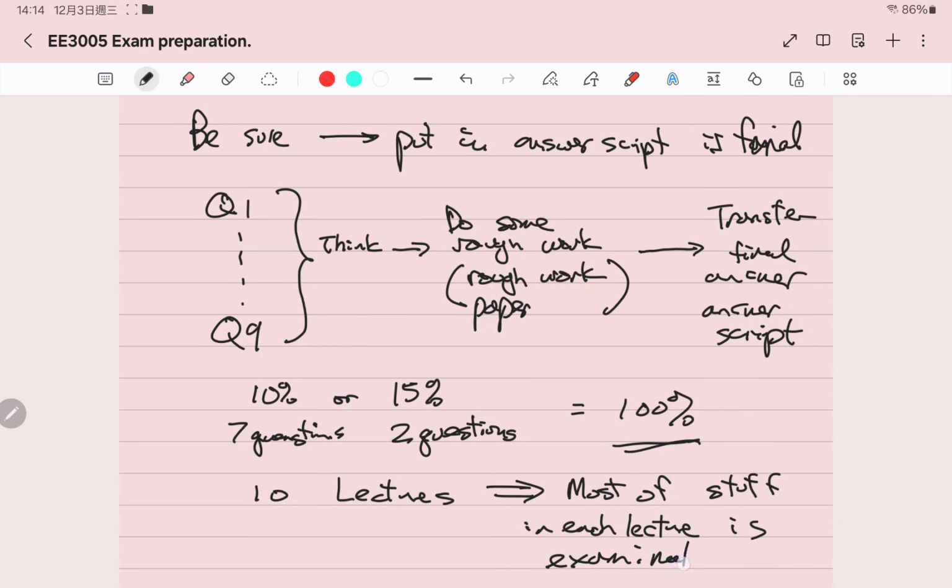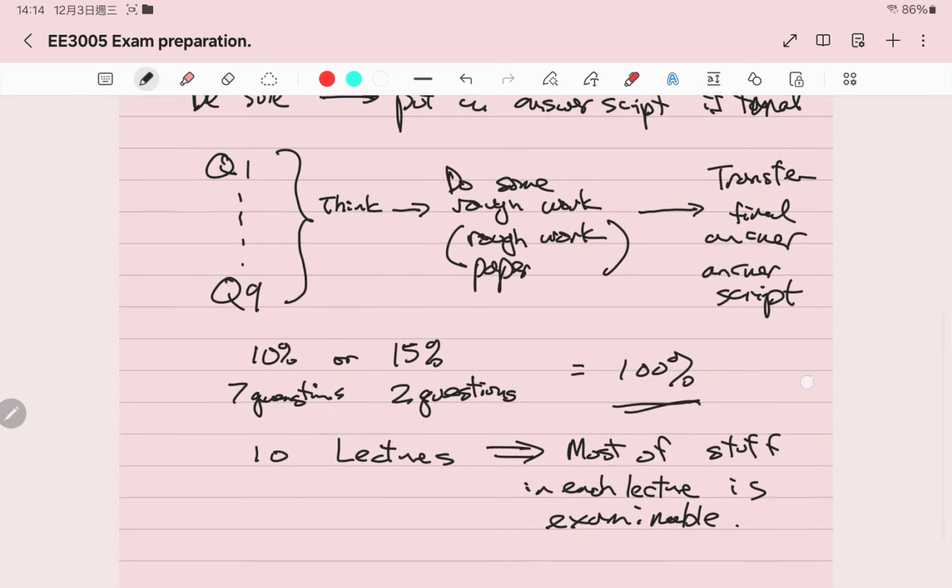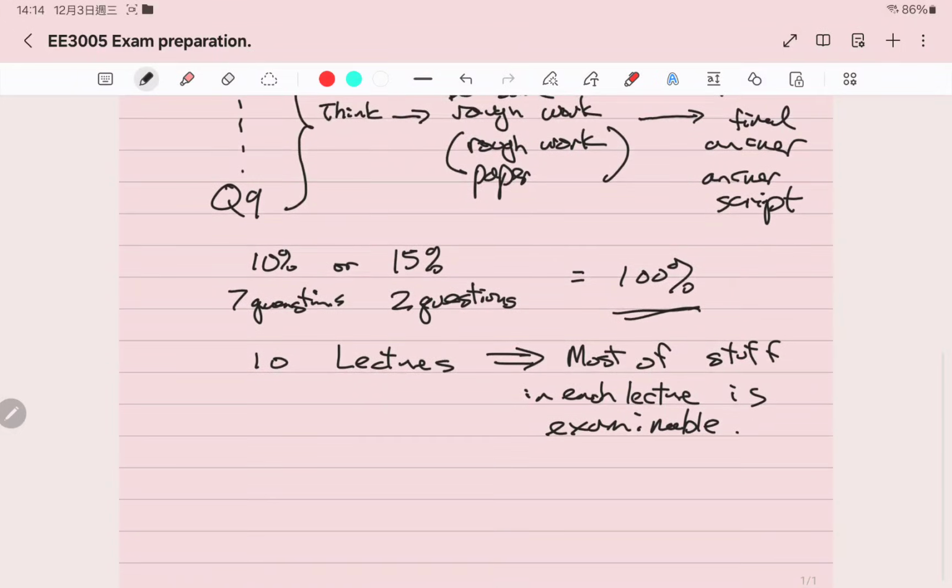No need to say that you don't like this topic, or that you will choose a different question to answer. You must answer all the questions, and the questions will be spread over the entire 10 lectures. So you can't really skip one topic if you want high marks. I do expect you to get high marks. Right, so that is the key thing.